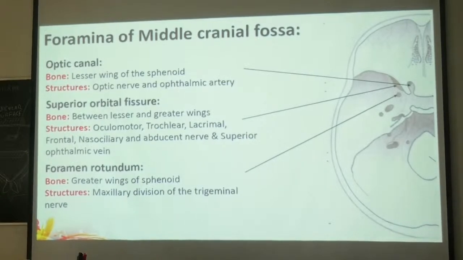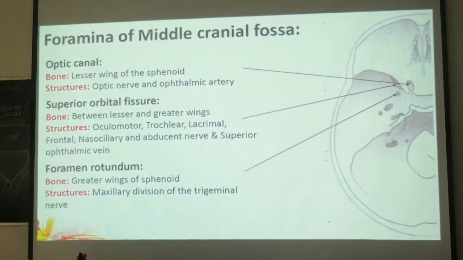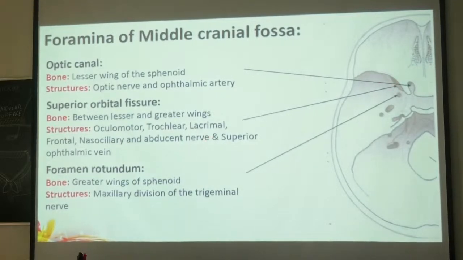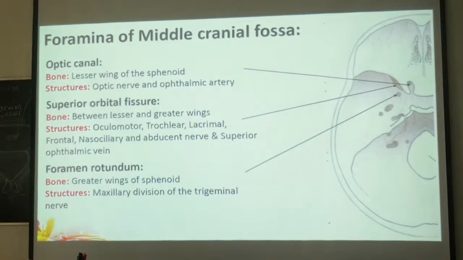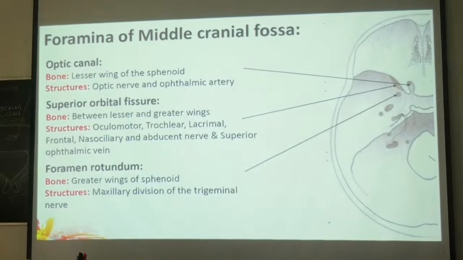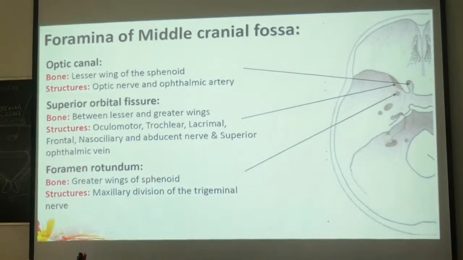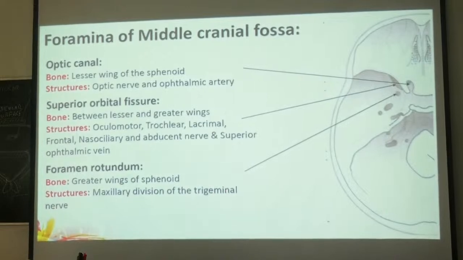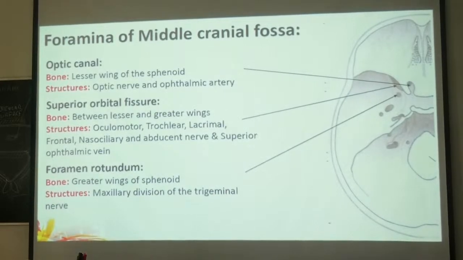The ophthalmic division is passing through the superior orbital fissure, which is giving these branches, lacrimal, frontal, nasociliary. These are branches of the ophthalmic division. So the foramen rotundum gives passage to the maxillary division of the trigeminal nerve. The 3 divisions we have read in the lecture.